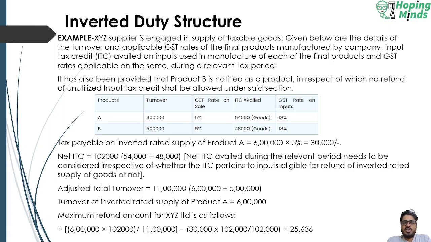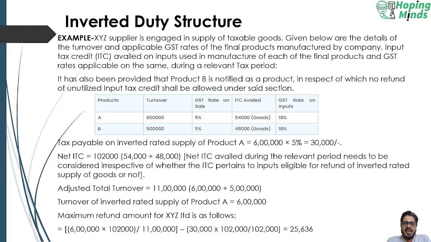Given below are the details of turnover and applicable GST rates of the final products manufactured by the company. Input tax credits availed on inputs used in manufacture of each of the final products and GST rates applicable on the same are also given below. It has also been provided that product B is notified as a product in respect of which no refund of unutilized input tax credit shall be allowed under the said section.